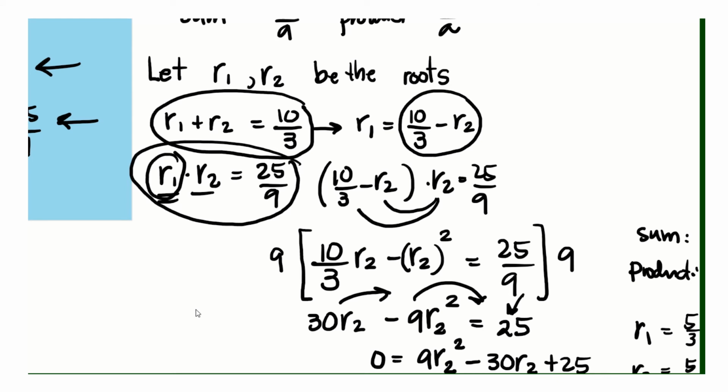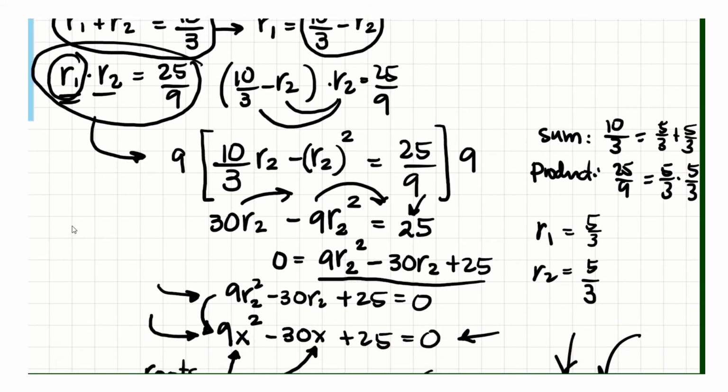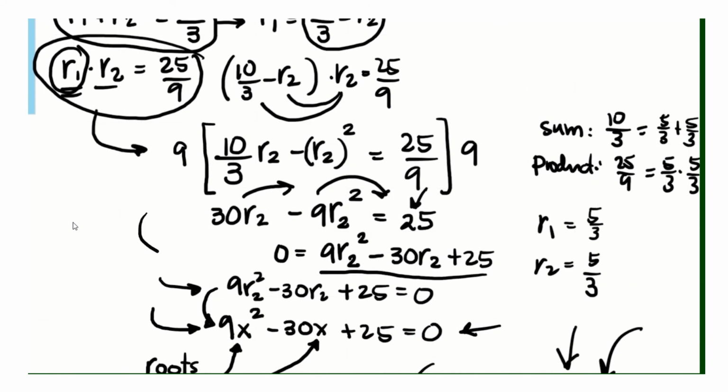So we just basically solved the system, and as we were solving the system of equations, we were able to form the equation 9 r sub 2 squared minus 30 r sub 2 plus 25 equal to 0. And we did not even have to solve for R2 because we're initially looking for the equation.